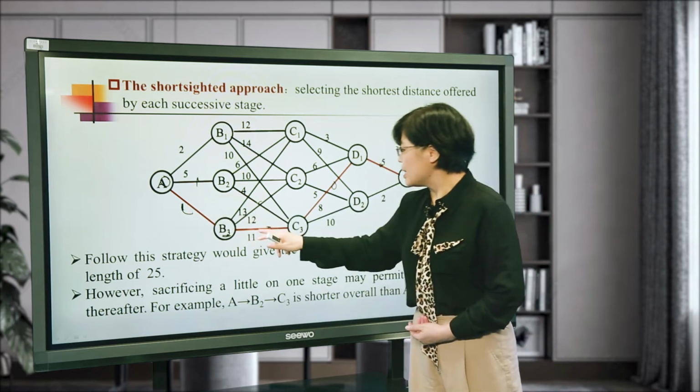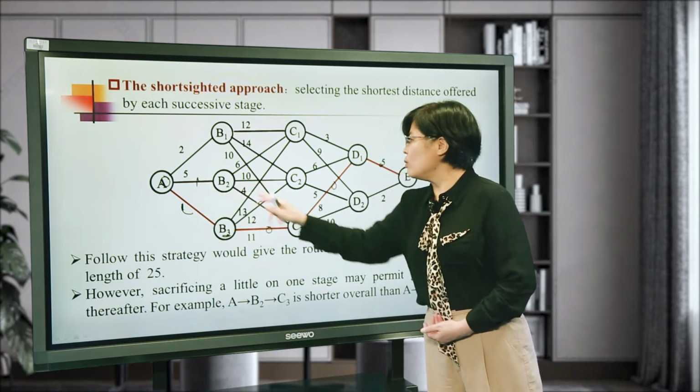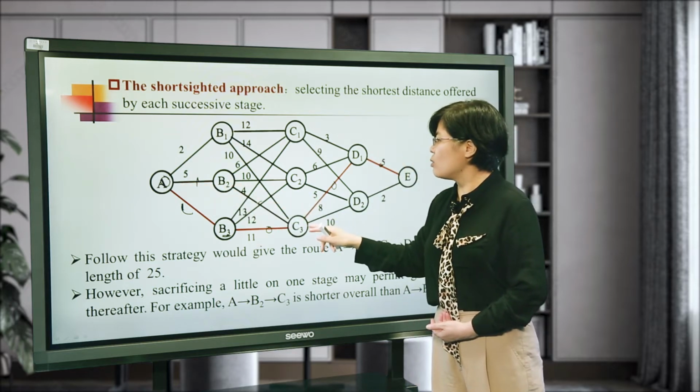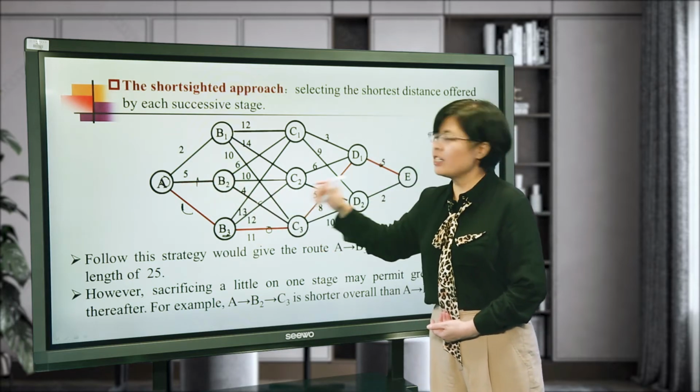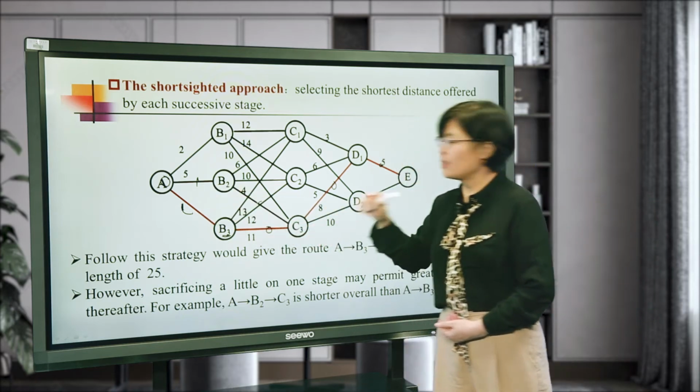Here, 1 plus 11 is 12. So the total of A to B2 to C3 is shorter than this path.